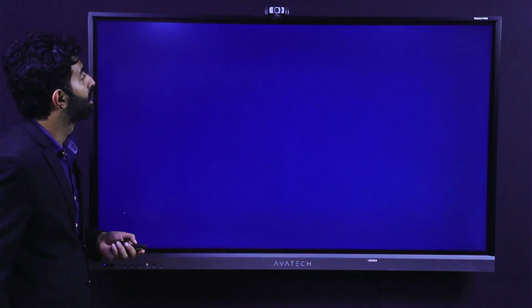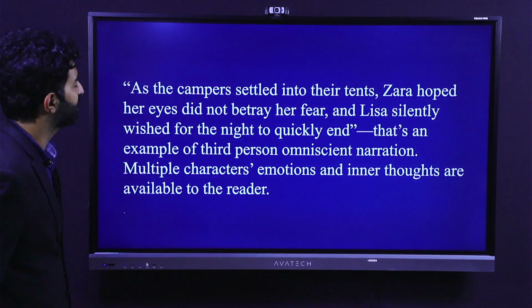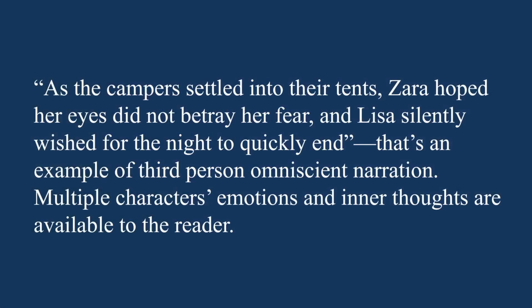So now here is an example of third person omniscient. As the campers settled into their tents, Zara hoped her eyes did not betray her fear, and Lisa silently wished for the night to quickly end. Now, how do we know what point of view this is? Is it first person, second, or third?